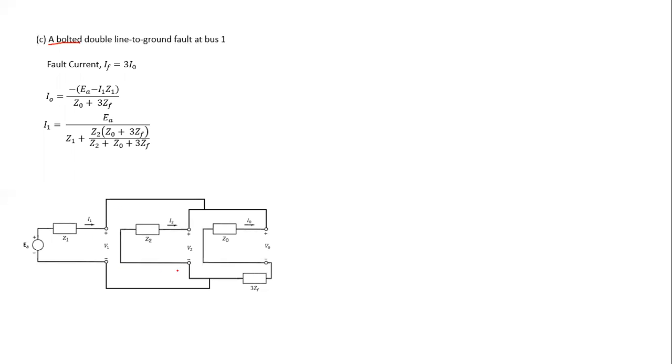ZF is equal to 0 for a bolted fault, and this is the sequence network for the derivation. We solve first for I1. We substitute the values of the sequence impedances, and the value for I1 is negative j 3.03 per unit.